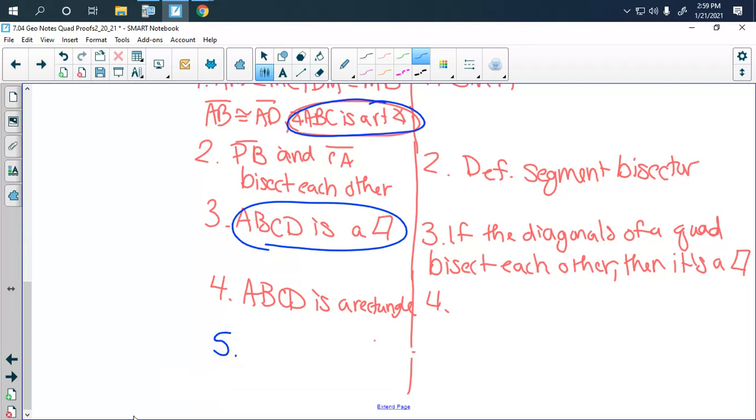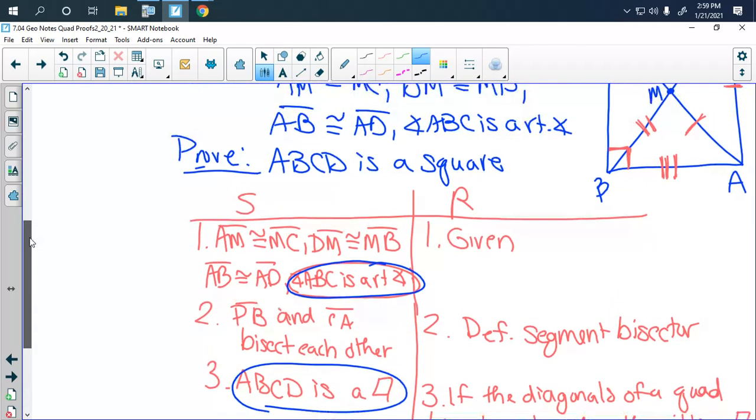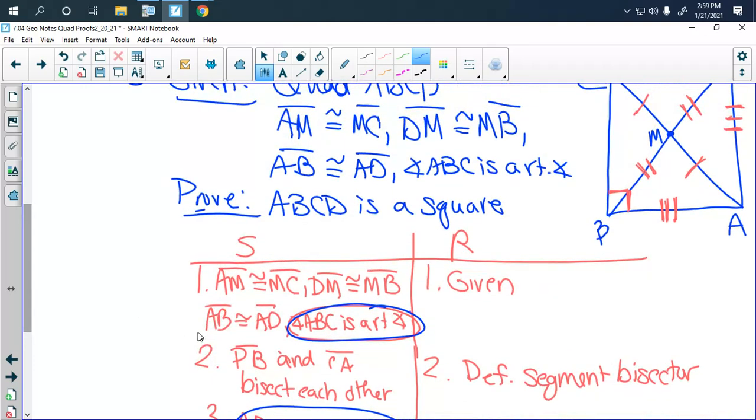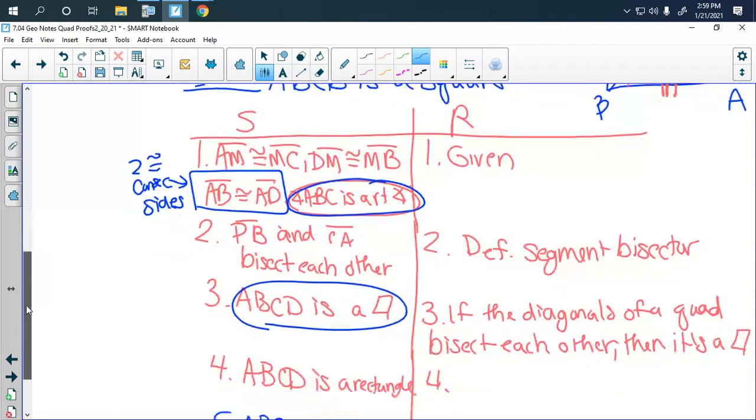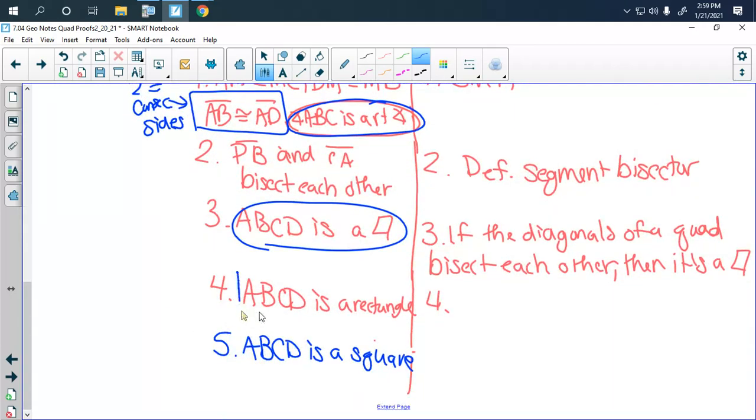And then step 5, I can now go straight to saying ABCD is a square because a rectangle with two congruent consecutive sides, which again were already given to me right here. So I have two congruent consecutive sides. And I have that it's a parallelogram, and I have that it's a rectangle right here. So a rectangle with two congruent consecutive sides is a square.